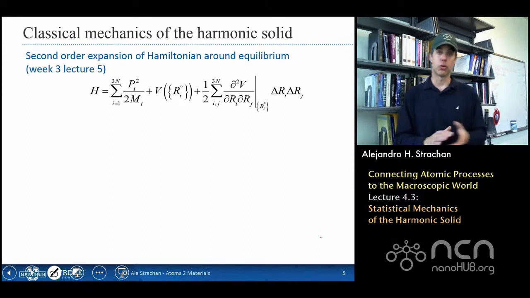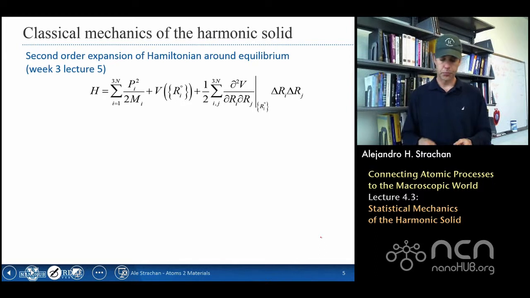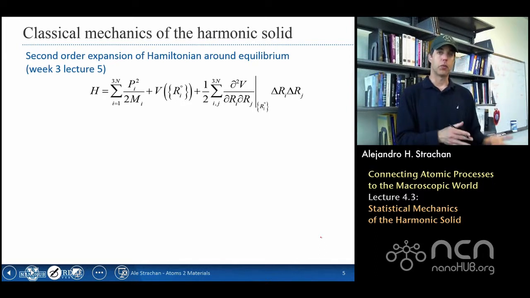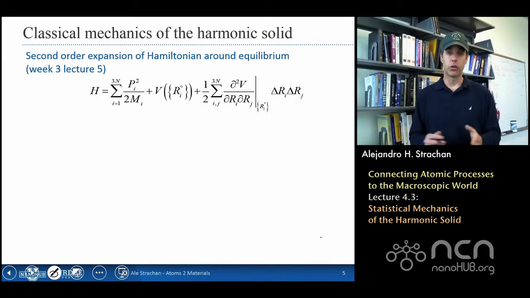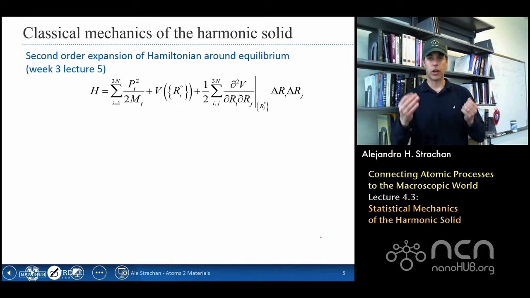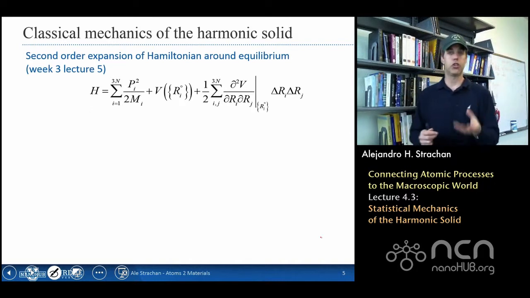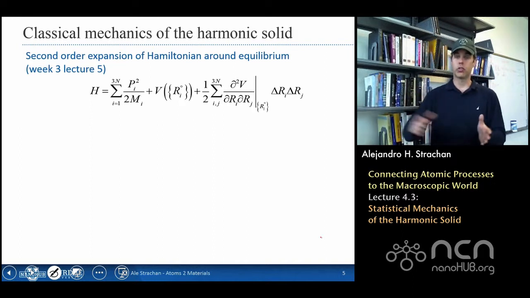Now we're ready to jump into the harmonic solid. If you remember from week 3, the way we motivate the harmonic solid is that at low temperatures, I can expand my potential energy around the equilibrium positions and stop this Taylor expansion at second order.